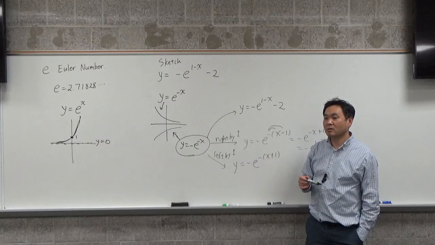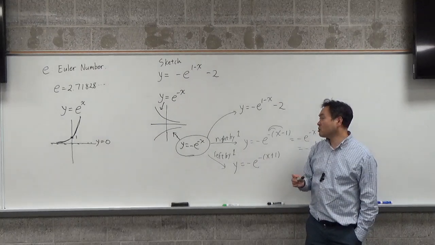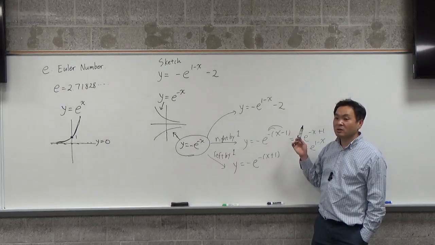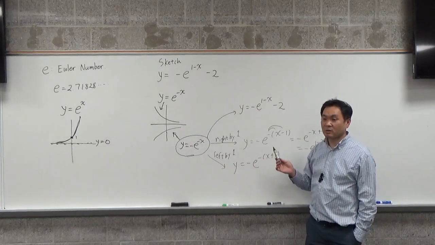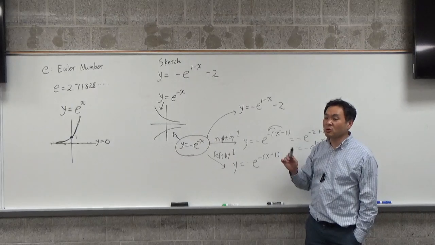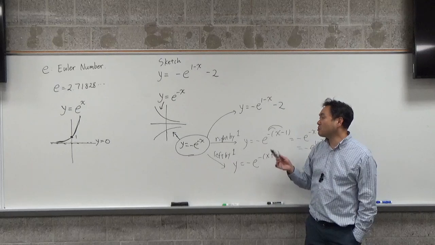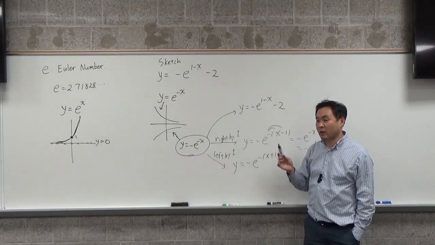When it's positive, it's still left. No, that's not the rule. The rule is that if you replace x by x minus 1, it moves right by 1. That's the rule. If you know it the other way, that's not the correct one. Replacement makes the graph go the opposite way.